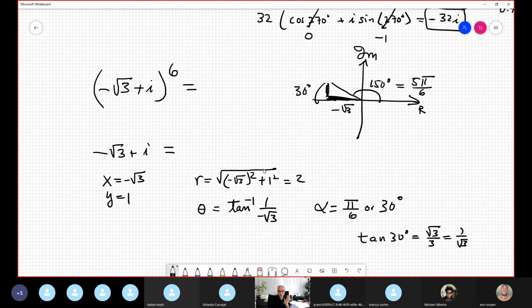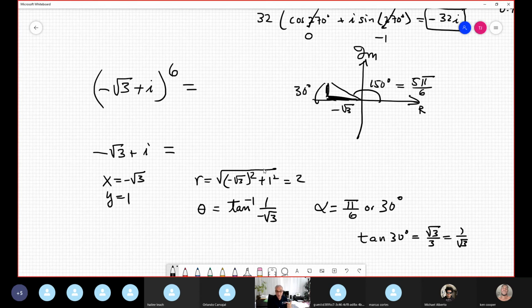This is the complicated part. I know. But you need the knowledge to understand this. So you do the sketch of the complex number. You see, wow, the complex number lies in the second quadrant. Therefore, the angle theta I am looking for is not pi over 6.